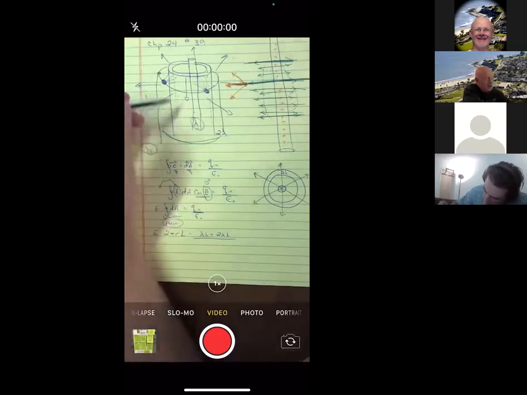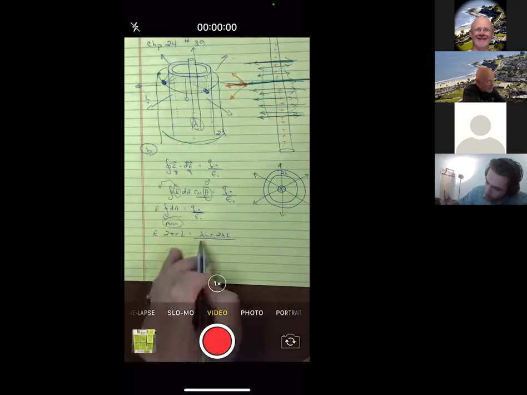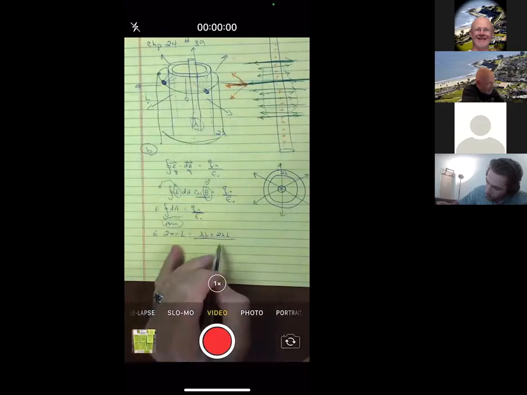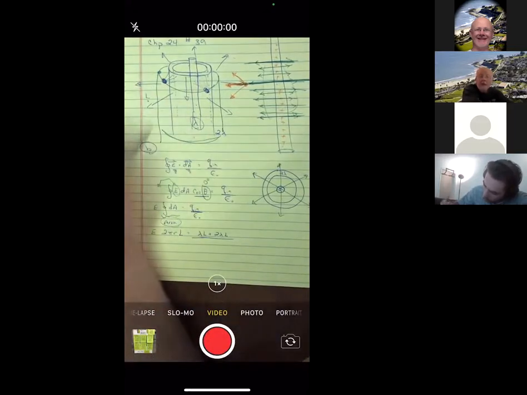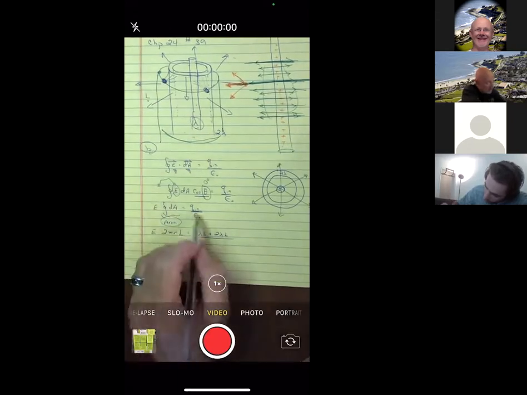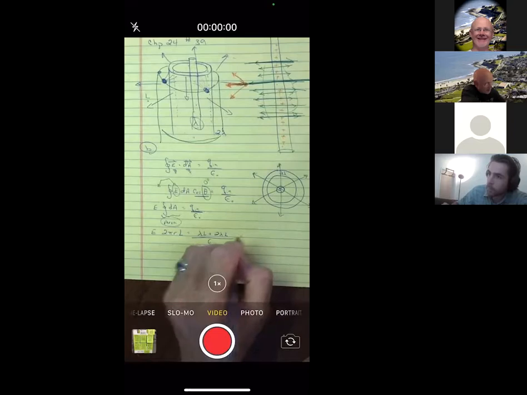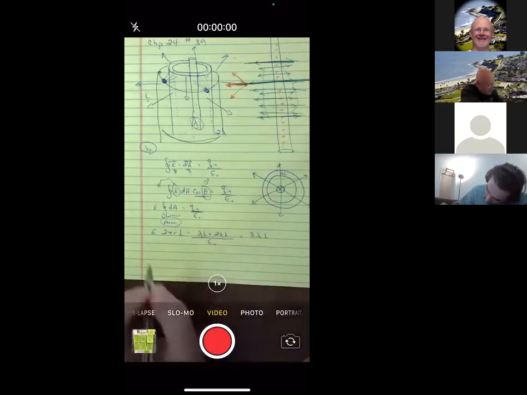That's how much would be enclosed in a Gaussian surface that had length L. So lambda times L is the amount of charge on the wire, and 2 lambda times L is the amount of charge on the cylinder. So that's the total charge inside, divided by epsilon naught. Now these are like terms, so this can simplify to 3 lambda L.